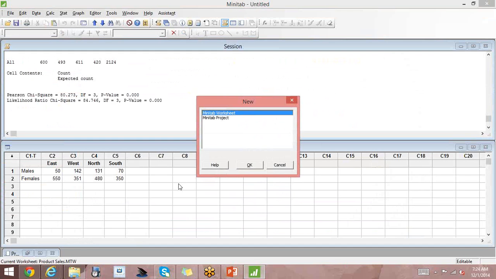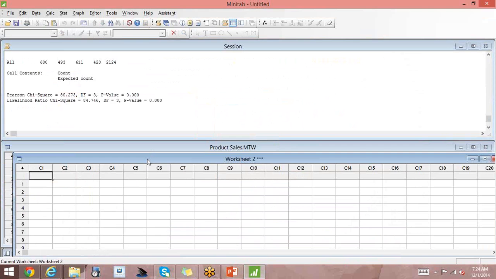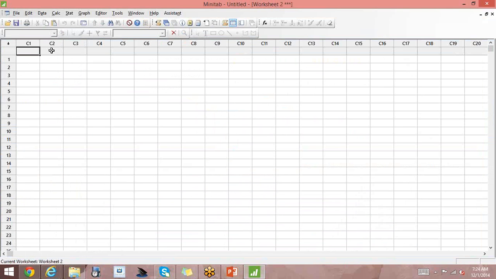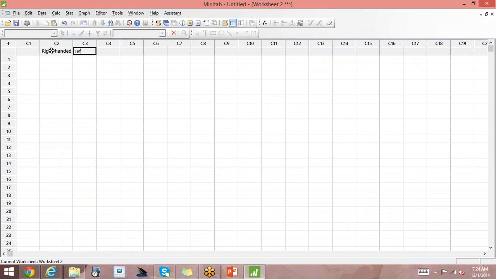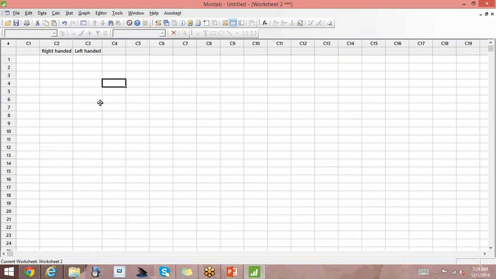Control N will help me open a new worksheet. So here is what I'll write. Right-handed, left-handed. Are females more likely to be right-handed compared to males? Yes or no? For that we are doing this.